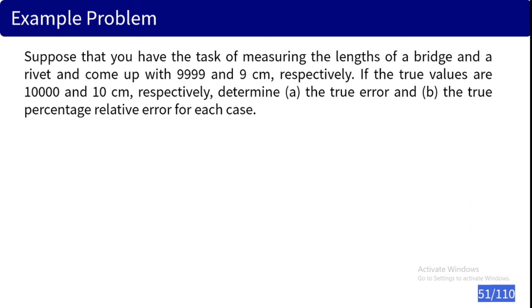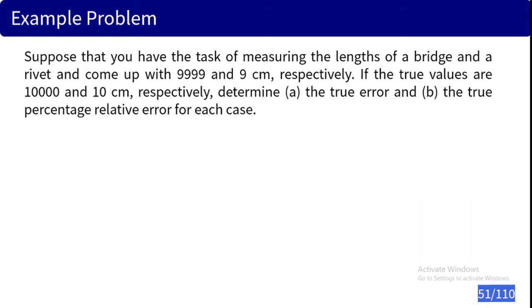di pa measure ka, you were given a task of measuring the length of a bridge, and pag measure nimo sa bridge is sa imong measurement is ni-come up ka og 9,999 centimeters. Then di pa measure pagka sa rivet, ang rivet is nakuha nimo is 9 centimeters. Okay.